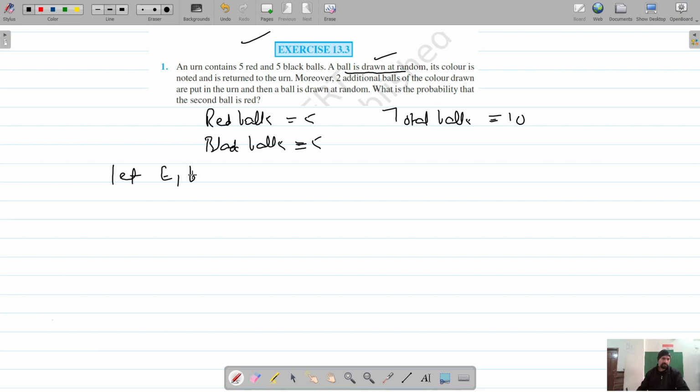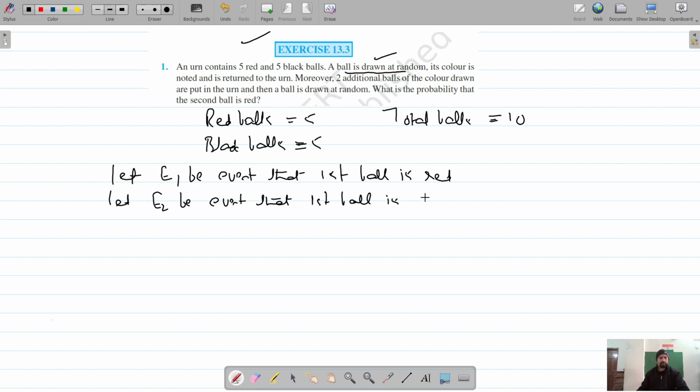So let E1 be the event that the first ball is red and E2 be the event that the first ball is black. Probability of getting a red ball is 5 by 10. Probability of getting a black ball is also 5 by 10.